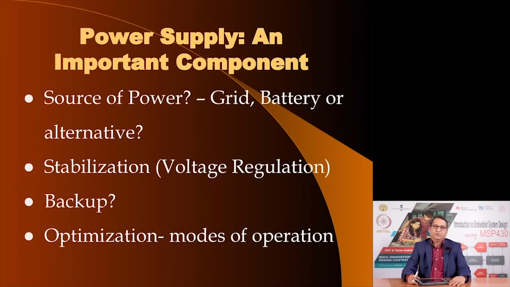Usually, if you have an embedded system which is going to be powered by mains voltage, then you would derive it from the wall socket, what we call the grid power. That is the most common source of powering your embedded systems, but if you are going to connect a cable between the source of power and your embedded product, then it would be restricted to a physical space.